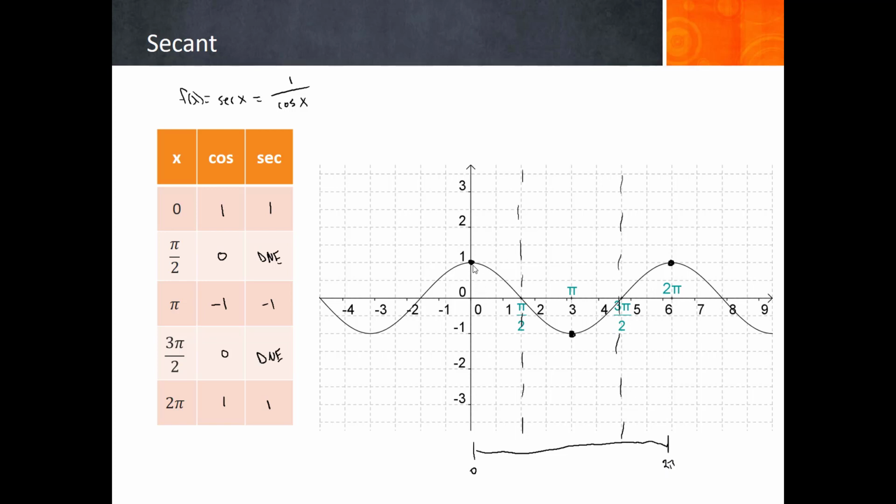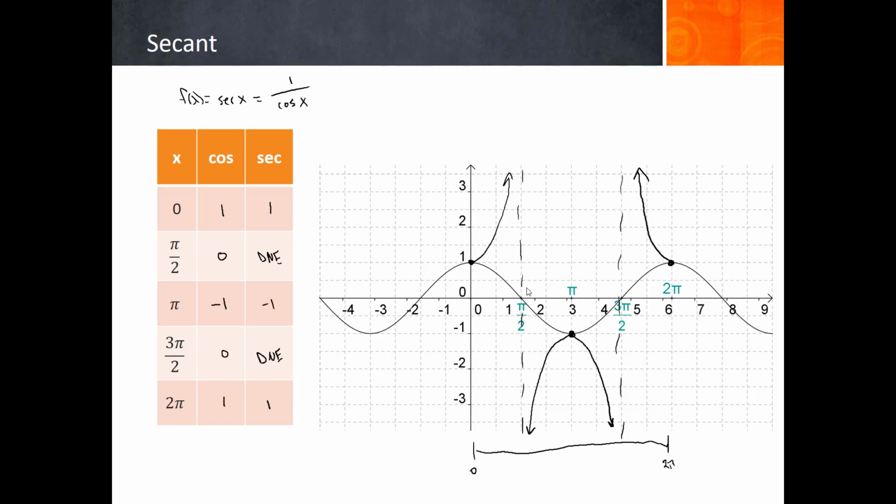And again, same thing, as the normal cosine graph curves down and gets smaller, the reciprocal of that means it has to get bigger. So it's going to go up, and then it's going to go down, and then it's going to go up again. So the secant graph actually has 3 parts, although the 2 parts on the top, when you kind of mirror each other, they're going to keep going together.